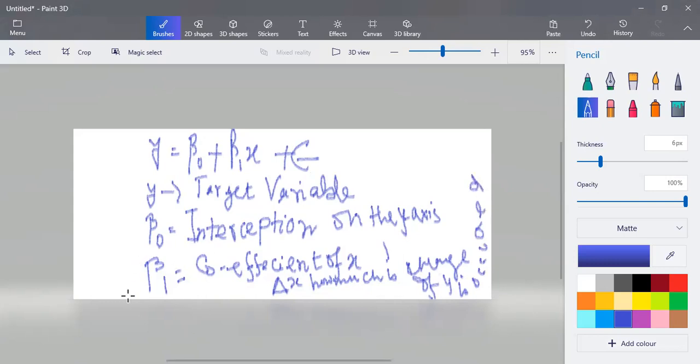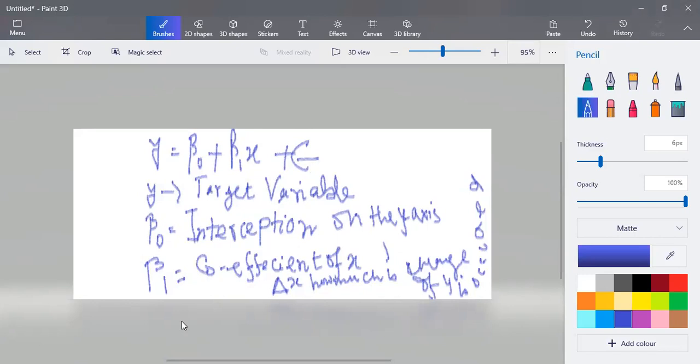That is determined by beta 1. So with the change of the value of x, how much the change of y occurs, that is determined by beta 1.